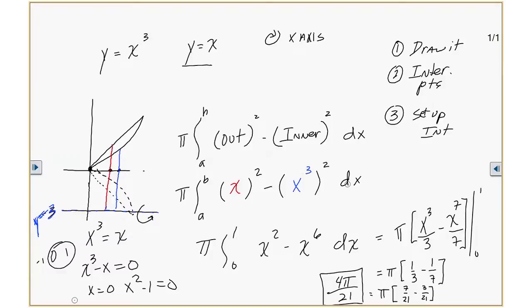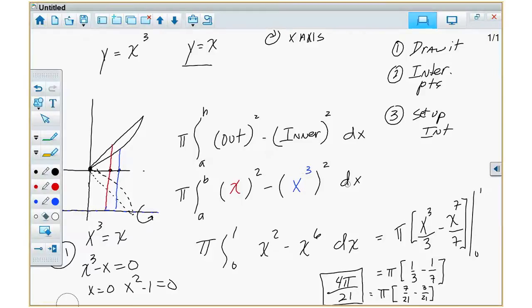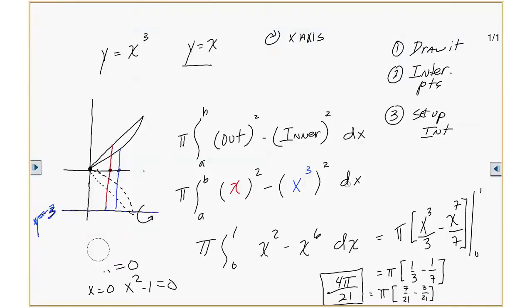So at this point, go ahead and set this one up. Set this one up and use this new rotation point. This is going to stay the same. The 0 and 1 is going to stay the same.